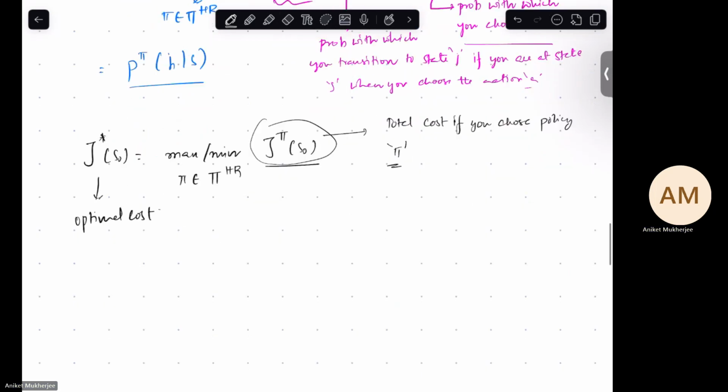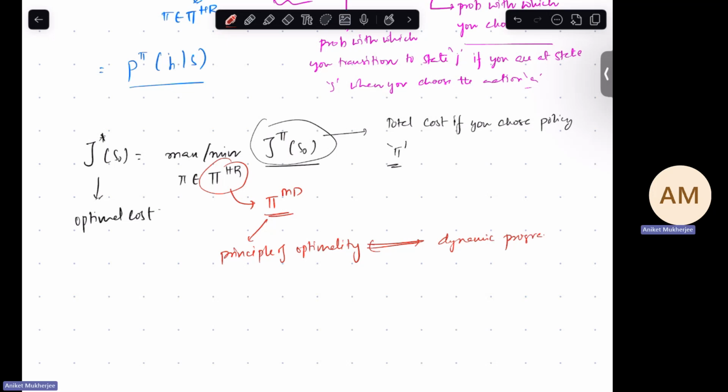And this is the optimal cost. Now, we had a similar formulation, but instead of pi HR, we were looking at pi MD, Markov deterministic policies. For that case, we identified a property of the Markov deterministic policies, the principle of optimality, and we came up with an algorithm known as the dynamic programming algorithm.